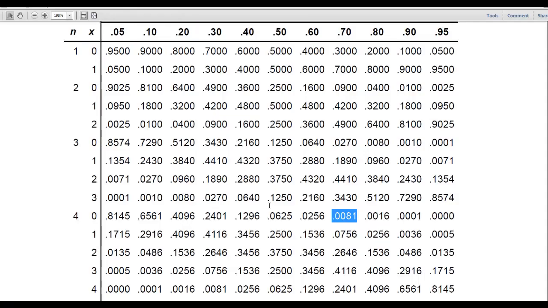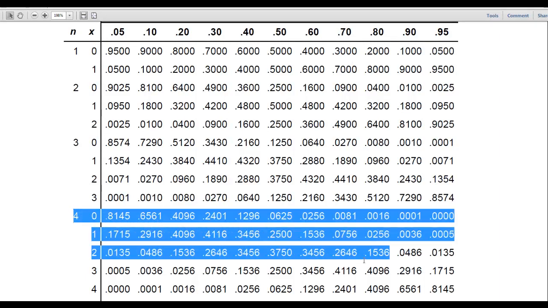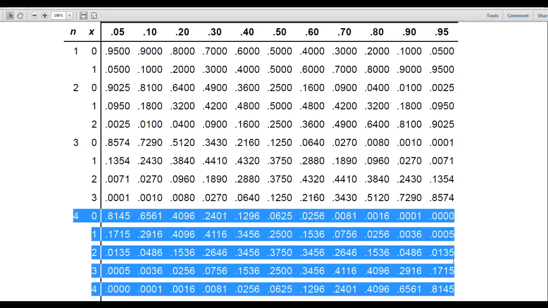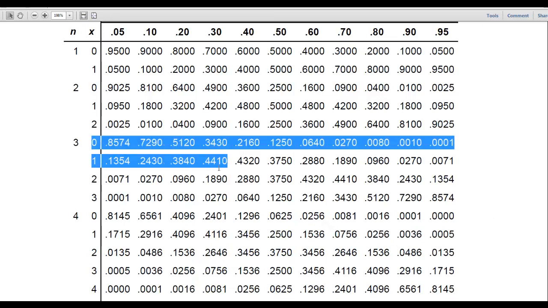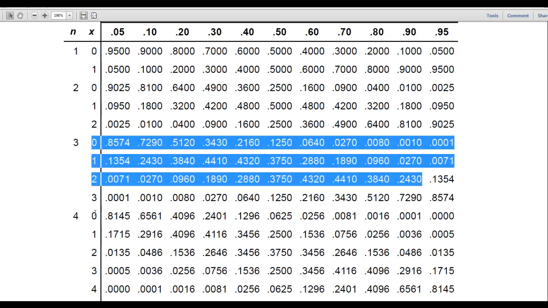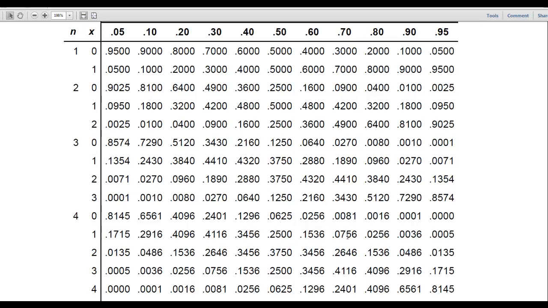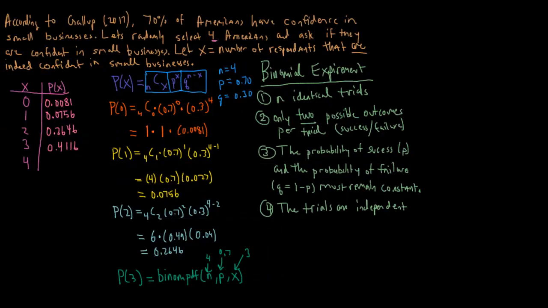Going back over here, for the probability of x equals 1, we're looking at only this column, and down here, because this is all the instances where n equals 4. If n equaled 3, we would be looking up here in the 3 block. But we're looking in the 4 block, and the probability of x equals 1 is 0.0756, which is exactly what we found it to be.